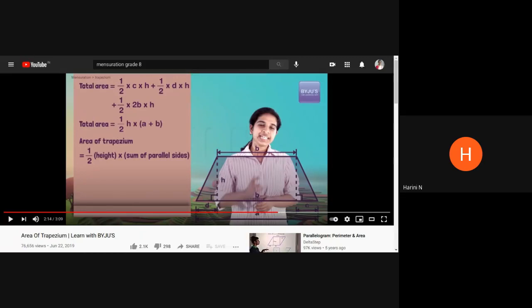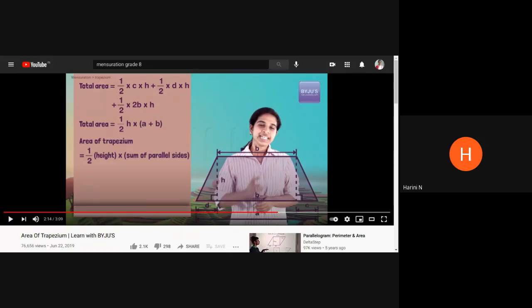Draw a trapezium first. Draw these 2 dotted lines which will become the height of the trapezium. By drawing those 2 dotted lines, you have completely divided the trapezium into 1 triangle on the left. In the center, you have a rectangle, and again on the right side, you have another triangle. So we will be naming all these sides in the particular way that she has done it also.